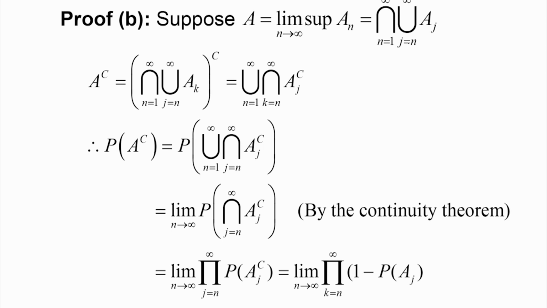The probability of this complement should be equal to 0. If we can prove that P(A^c) is equal to 0, then the probability of A will be equal to 1. So we are defining A complement as the complement of this intersection, n going from 1 to infinity, of the union of events A_k, k going from n to infinity. Now, we have to take the complement. So we can apply De Morgan's law.